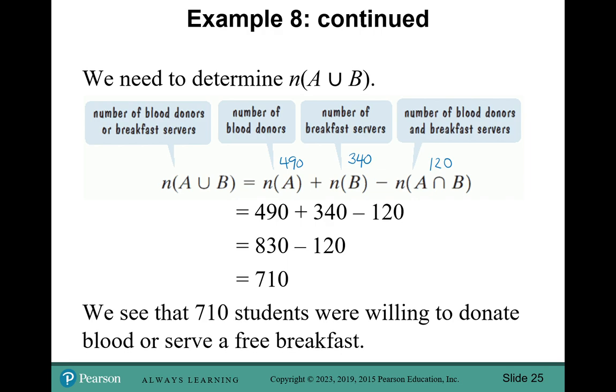But if you were to look at it in terms of a Venn diagram, this will be your number of blood donors, and this would be the number of breakfast servers.